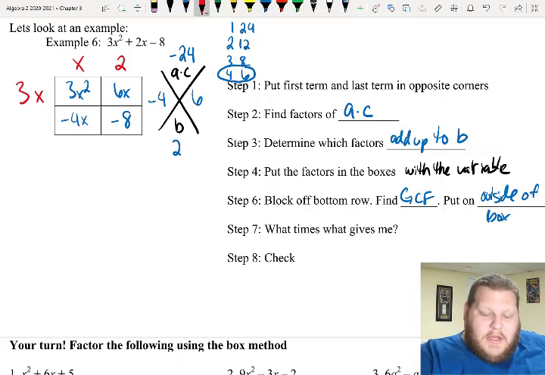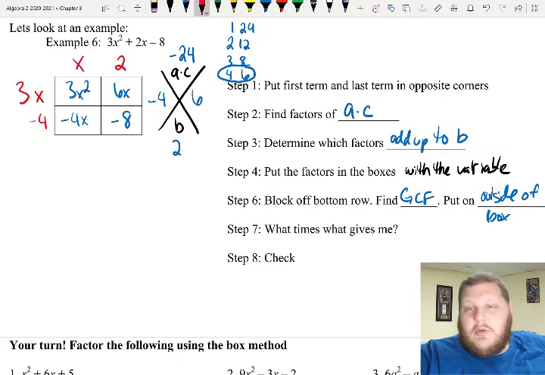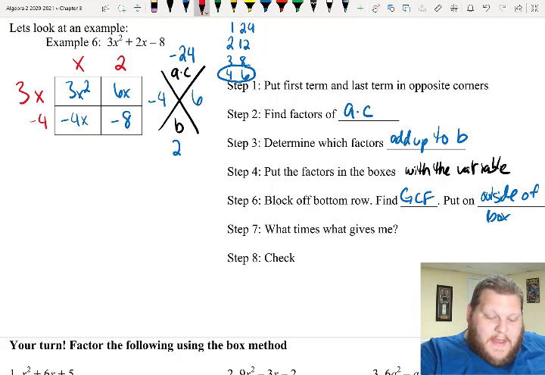And for either of the two bottoms, x times negative 4 gives me negative 4x, and 2 times negative 4 gives me negative 8. So that tells me my factorization is x plus 2, that's my top label, times 3x minus 4.